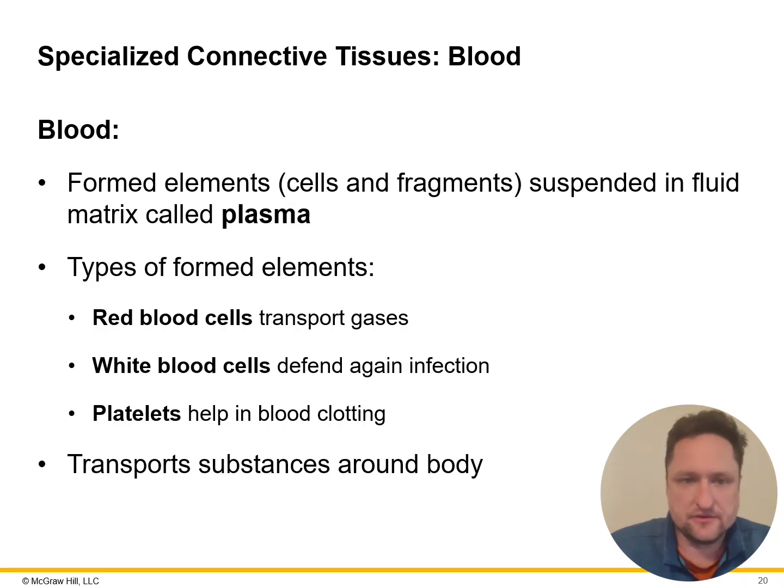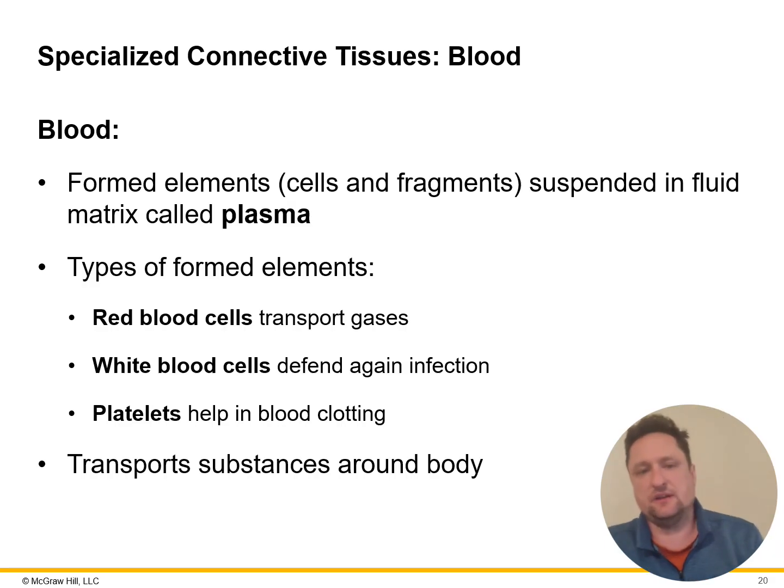White blood cells, their primary goal is to defend the body against pathogens. They protect us. And then platelets, their goal is to create clot formation and tissue repair.